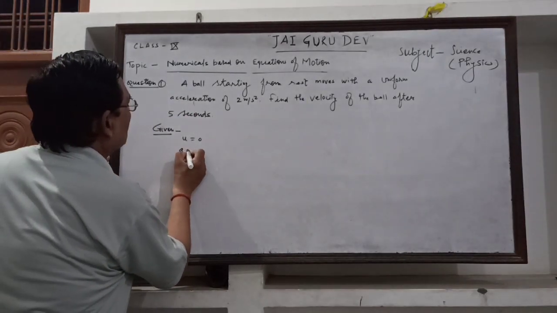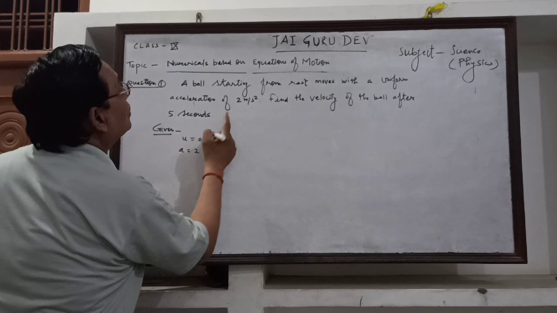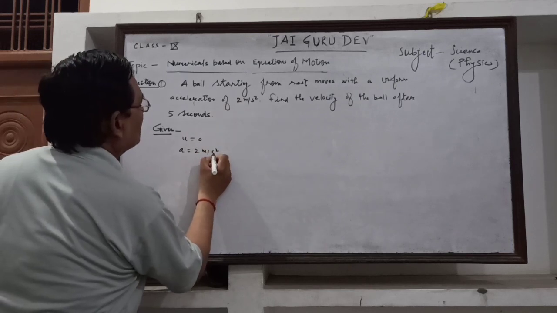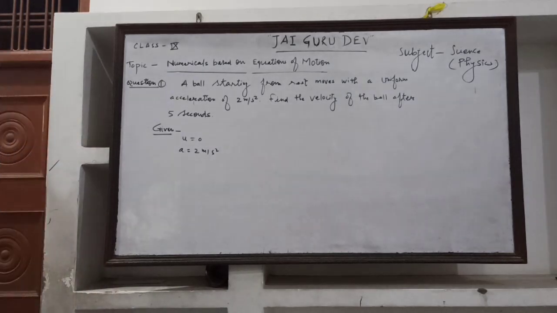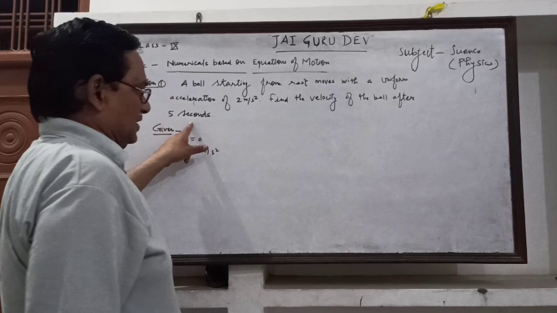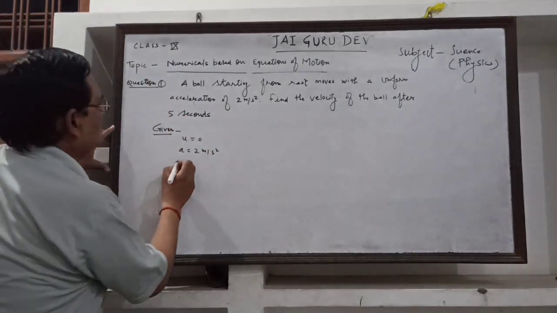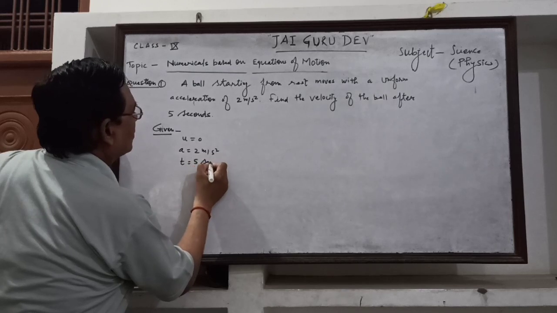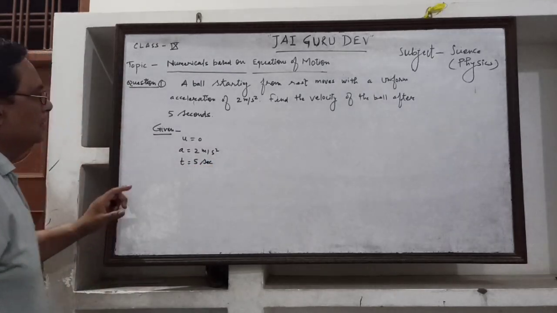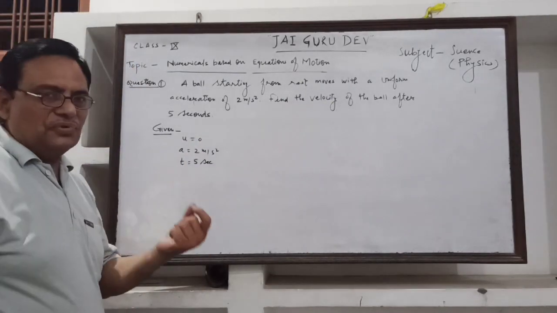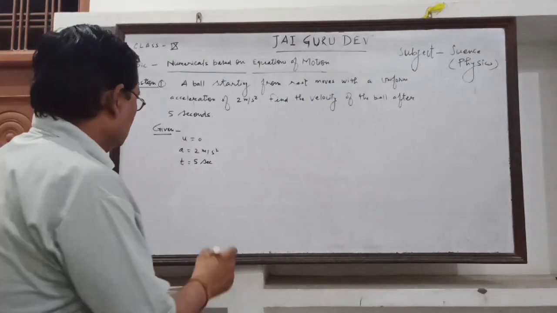So a is equal to 2 meter per second square. Find the velocity of the ball after 5 seconds. t is 5 seconds. Find the velocity means you have to find out the final velocity, v.